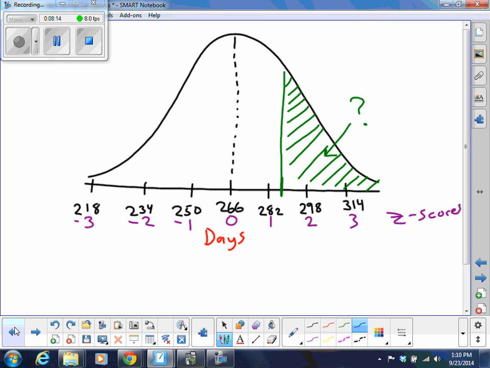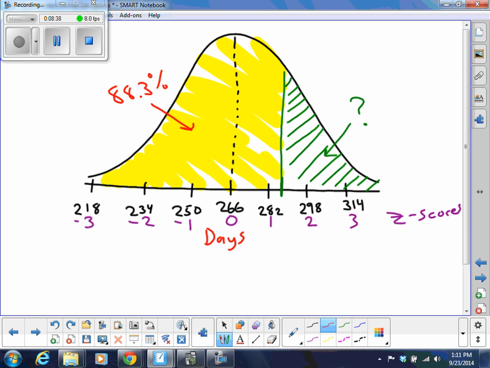What that table entry is, is how much area is down here, to the left, that's 88.3%. So that's one thing you kind of have to know, what the question's asking. If it's ever dealing with a greater than problem, you have to do a little bit more work. The table told me that's 88.3%. I want the green little portion.